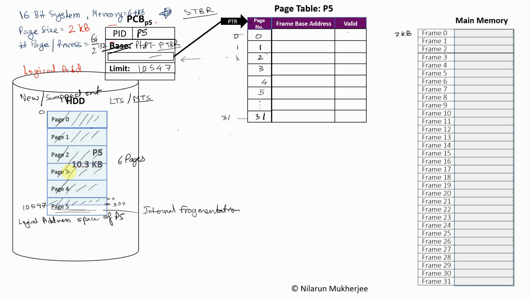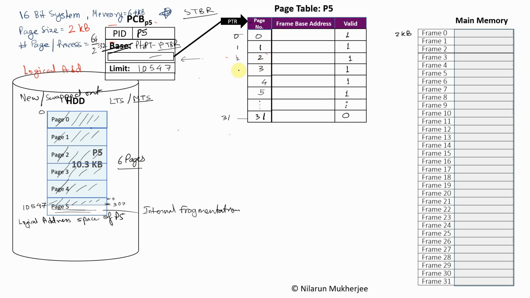OS knows how many pages it will take. So after dividing, OS found that it takes up to 6 pages. So the logical address space of the process extends to 6 pages. So this will be valid, this will be valid, this will be valid, up to this they are valid, and rest are all 0.